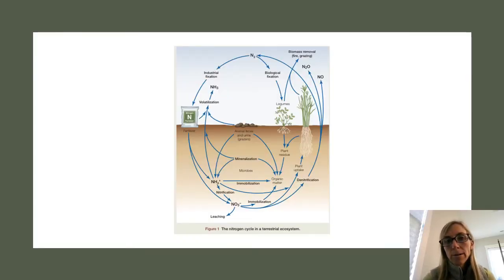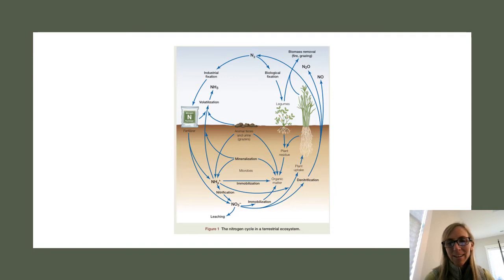And the book does go into a good bit of detail on the nitrogen cycle. Nitrogen, of course, is an extremely important element for plant growth, and although it is the most ubiquitous chemical in our atmosphere, with almost 78% of the atmosphere being comprised of nitrogen, its availability to plants is limited.